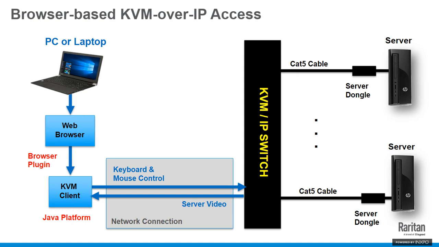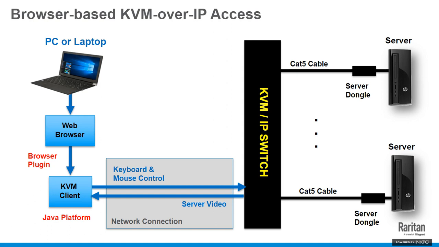Then you connect that dongle via Cat5 cable into the KVM over IP switch. The KVM over IP switch is connected to your local area network, where you have the gray box with the network connection. The switch will send server video on to the user, and the user can send keyboard and mouse commands through the switch to control the server.